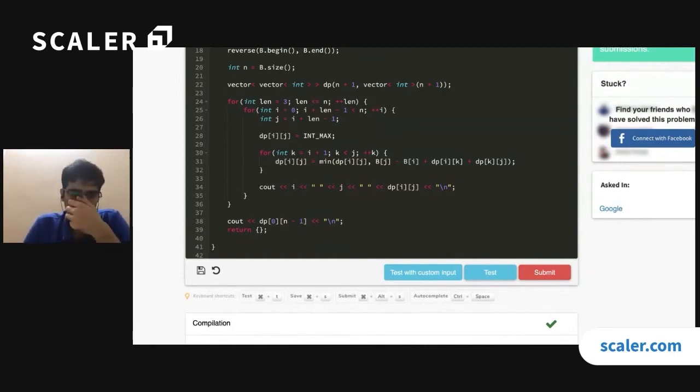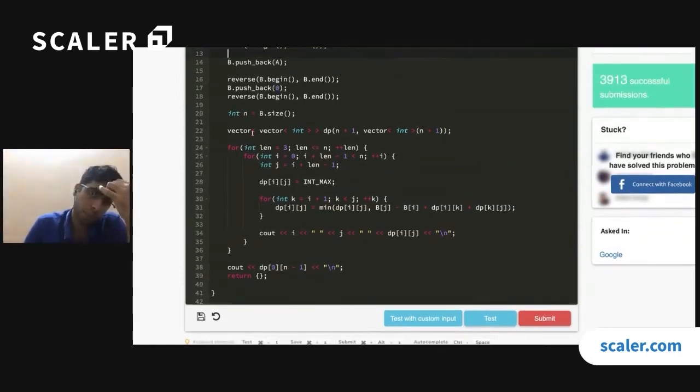To do that, suppose I am also storing the index that gave me the minimum value.